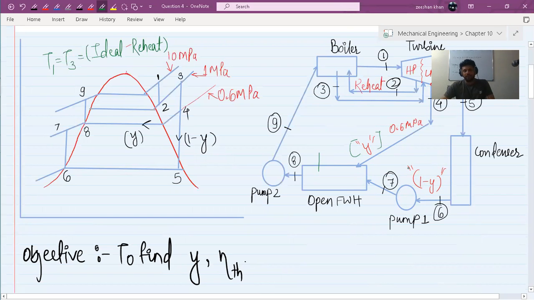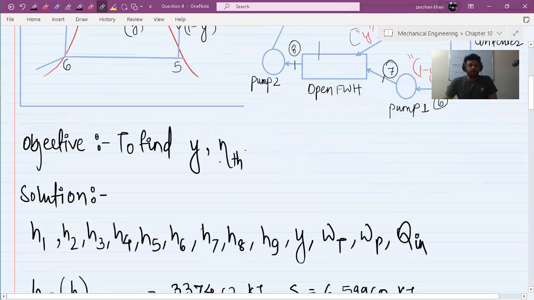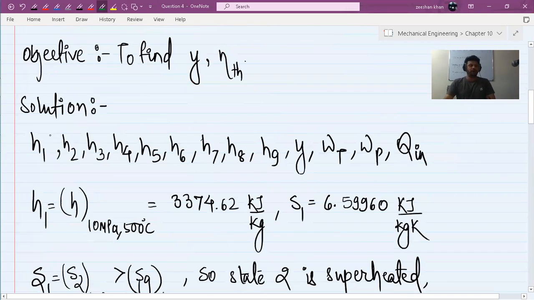The heat exchange between these two portions must be considered in order to find the value of y. Okay, and obviously we are going to find all the enthalpies. We are going to find y, the work done by the turbine, by the pump, and the amount of heat which entered the system.